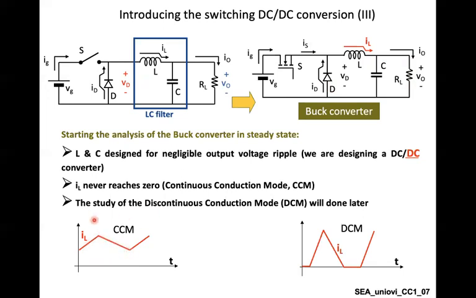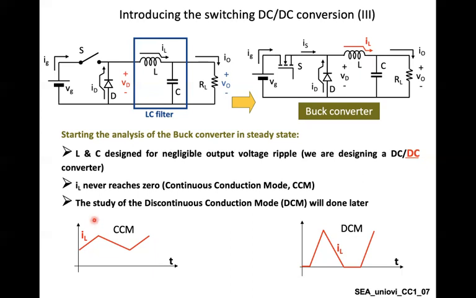In these topologies, my dear students, we consider our diode in what's called a continuous conduction mode, or CCM. Because later on in this lecture, we will consider the other types of converters, which are called discontinuous conduction mode, or DCM.